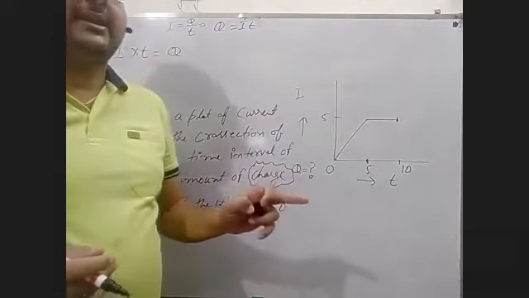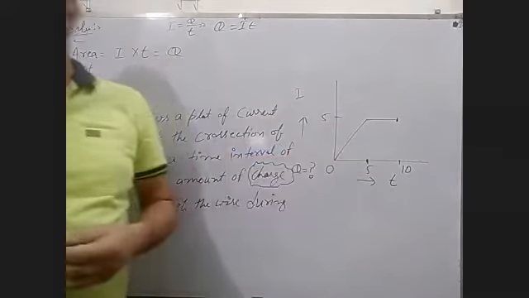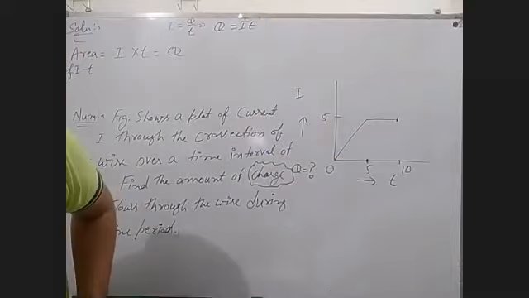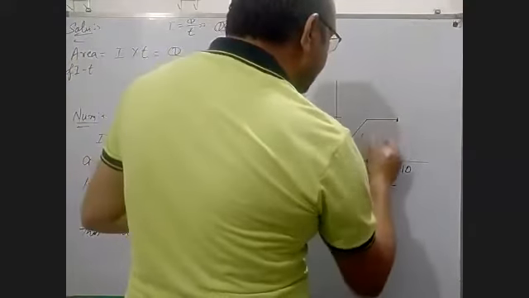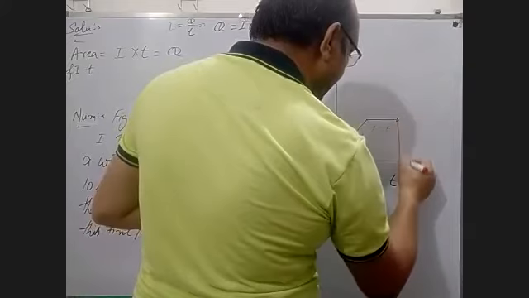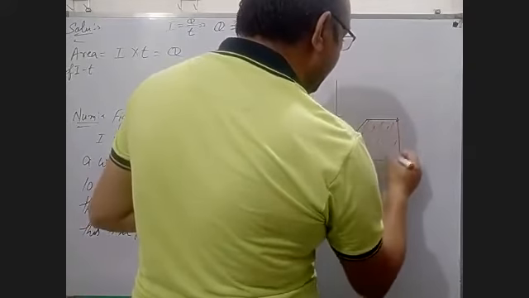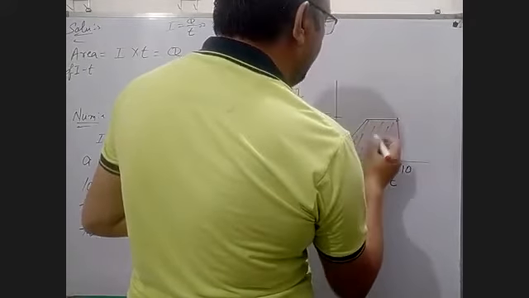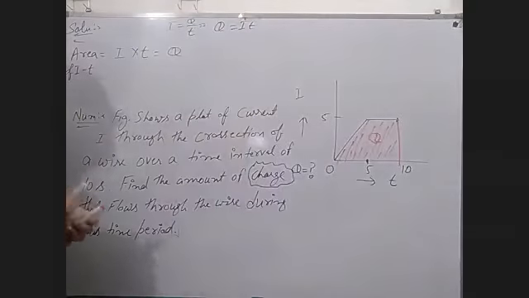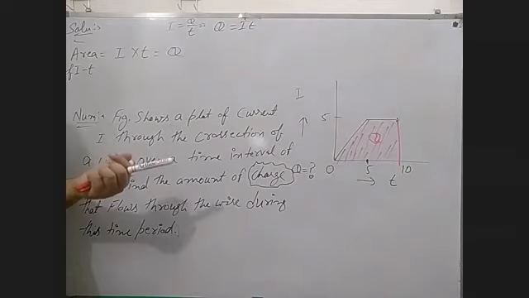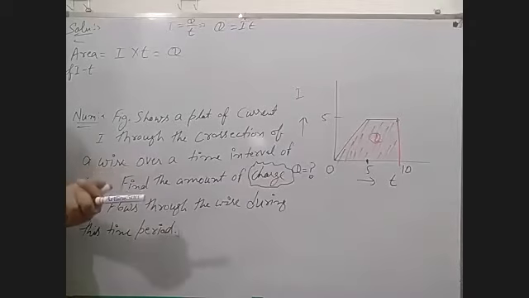How can you take the area of this graph? This shaded area you have to calculate for calculating the value of Q. This is a trapezium, so you can apply the trapezium formula.